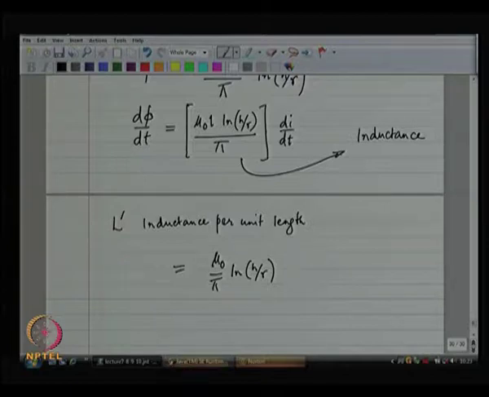Okay. So, there have been a lot of simplifying assumptions in this derivation. However, what I need you to understand from this is that even a wire has some inductance per unit length. Longer the wire, more the inductance, right. Also, more the separation between the wire and its return path, more the inductance.